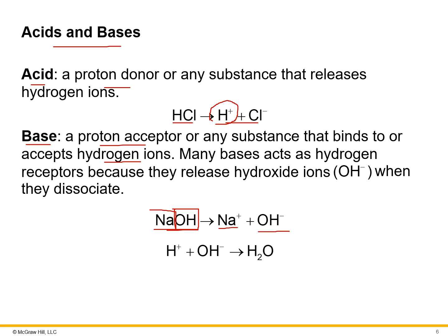Hydroxide is negatively charged, so it's an anion, and it is attracted to those positively charged hydrogen ions. So these hydroxide ions come down here, pick up some hydrogen, and that's going to form water. So the hydroxide of sodium hydroxide is accepting or absorbing some of the hydrogen ions, so it is a base.